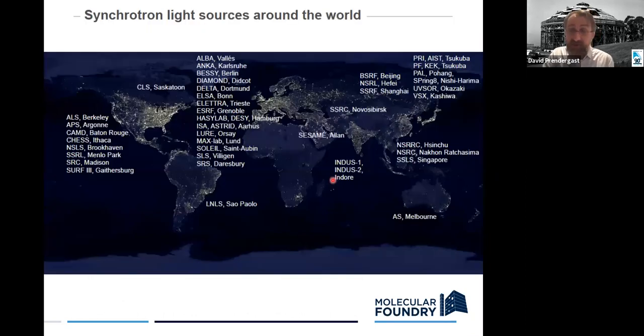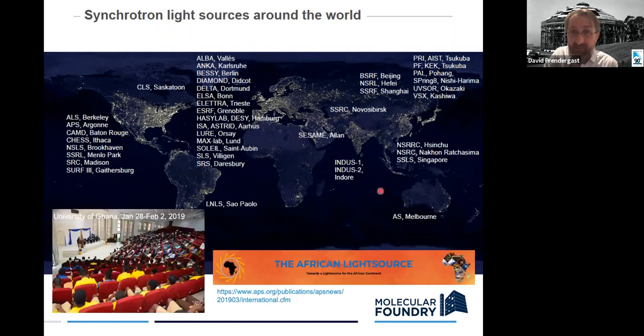The ALS is not unique. There are many synchrotrons around the world, and there's a list of them here. And so there are plenty of opportunities for collaboration, and we'll see that later on. All of these facilities are generating data every day. Again, you'll notice that there isn't a strong presence of any synchrotrons within the African continent, but I'm very happy to see a continuing effort to develop an African light source.